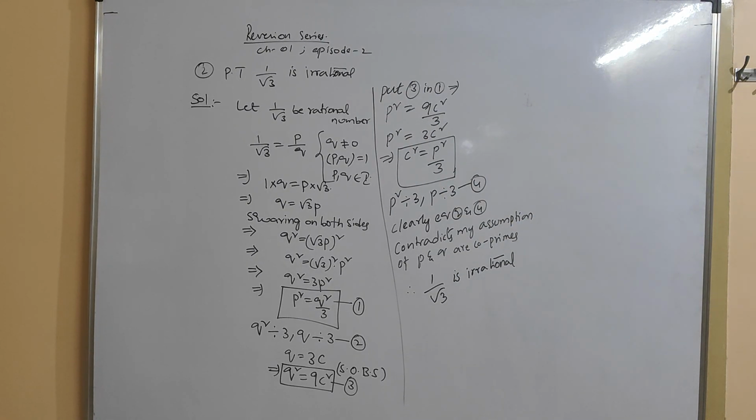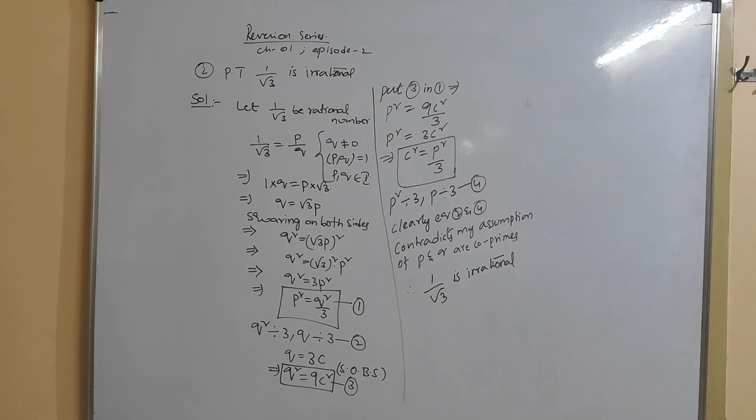The contradiction means what we took, that 1 by root 3 is rational, is contradictory. So that is the reason, therefore 1 by root 3 is irrational. Those other things, no need of writing. What you write, you have to write clearly and 100% correct. Make it short and make it correct.